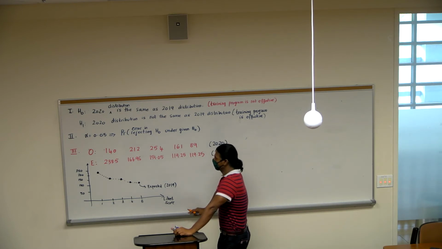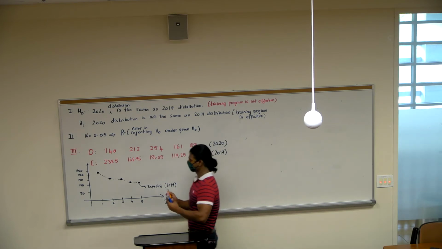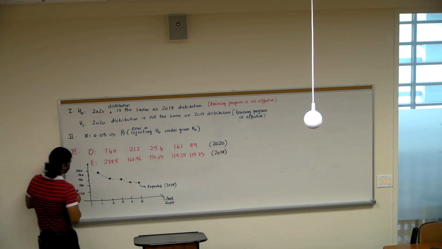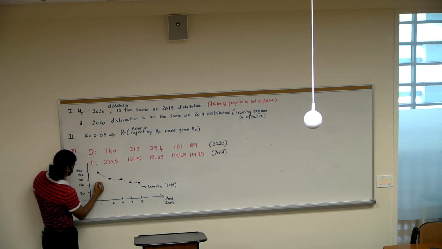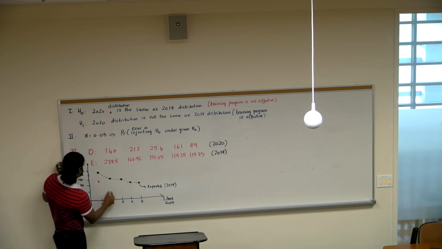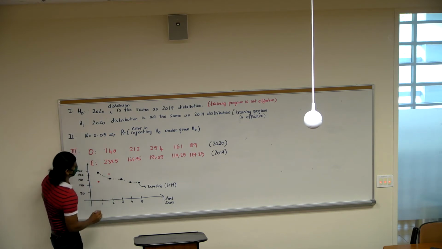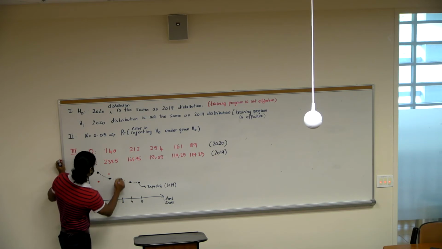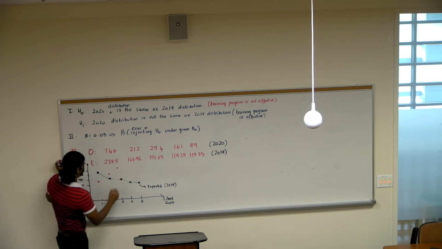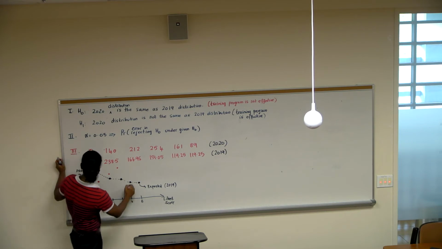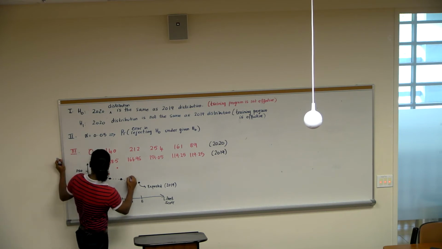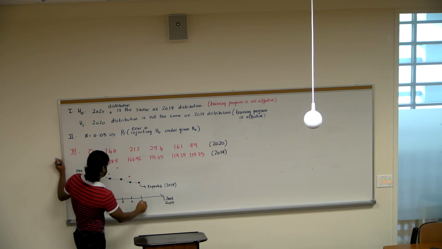Now we go and look at the observed values. So we have 140, 212, 254, 161, and 89.